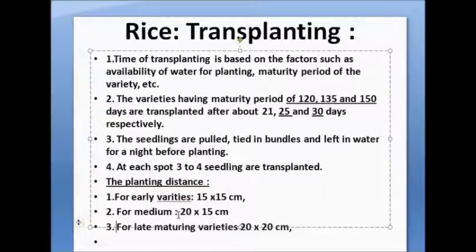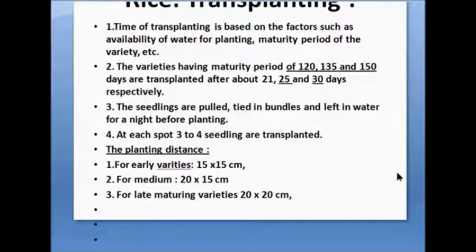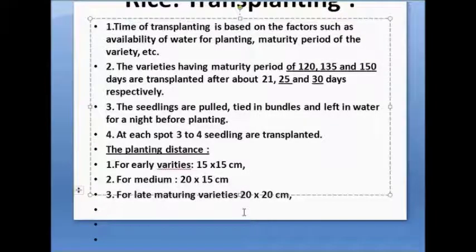If it is a medium variety, means 135 days duration variety, transplanting should be done at 20 by 15 centimeter distance. Means row to row 20 centimeter, plant to plant 15 centimeter. If the variety is late maturing, means it is 150 days or more than that, then the spacing should be 20 by 20 centimeter. So likewise, these are the spacings.